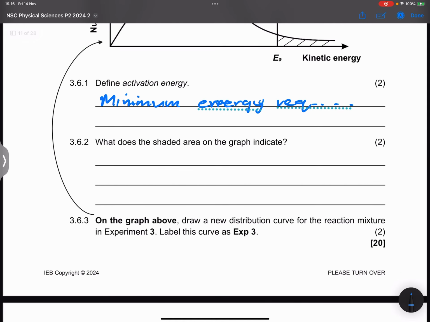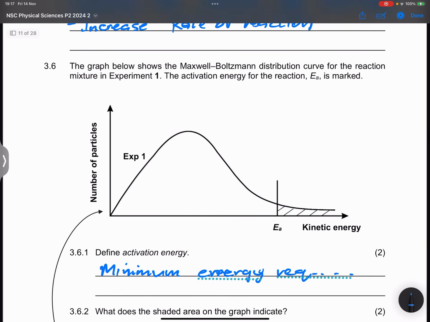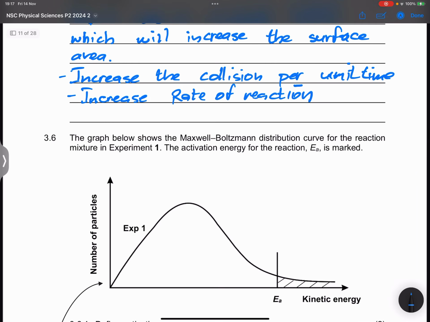They say, what does the shaded area of the graph indicate? Sorry, I forgot to read the statement there. They say the graph below shows the Maxwell-Boltzmann distribution curve for the reaction mixture in experiment 1. The activation energy for the reaction, EA, is marked.